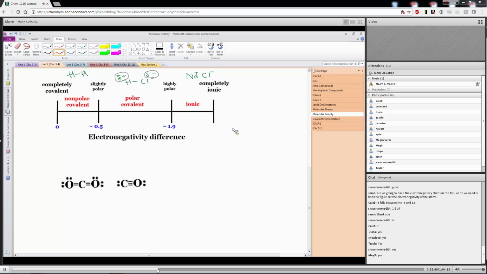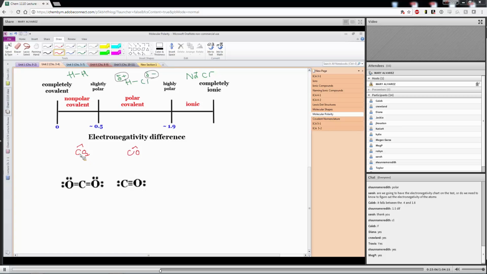Okay, we determined in class activity sheet 5.2 that the carbon-oxygen bond is a polar one. So if I said something like, is carbon dioxide polar or is carbon monoxide polar, you can't just look at these two atoms and say, oh yeah, the molecule is polar because the bond is polar.